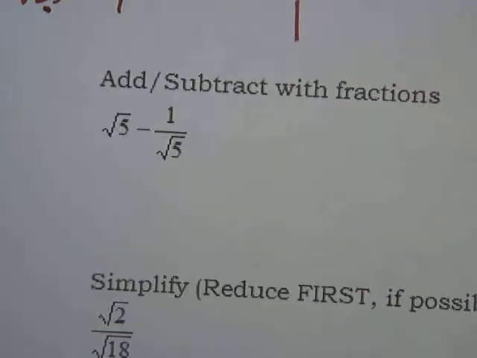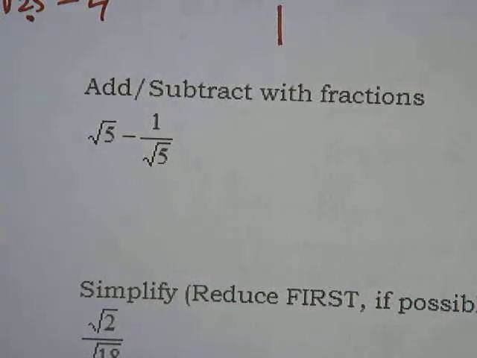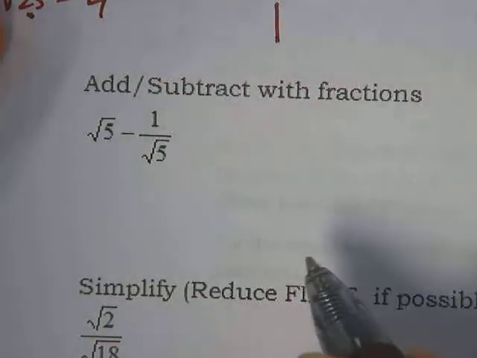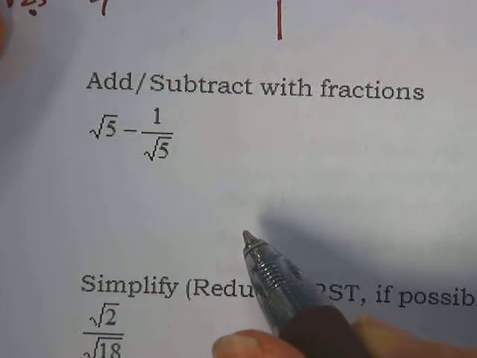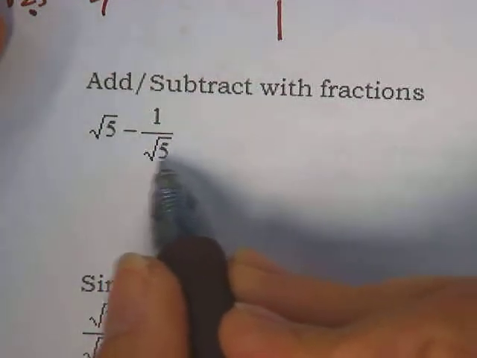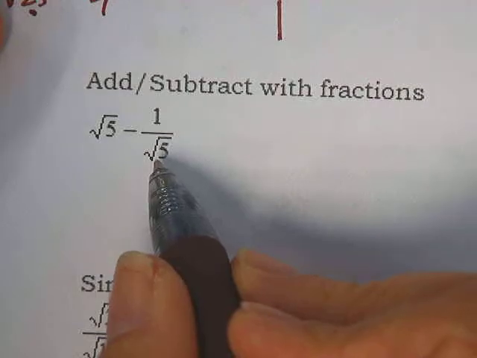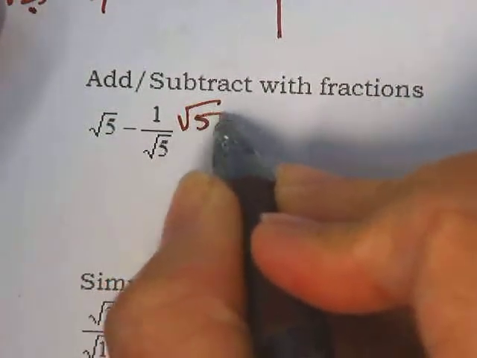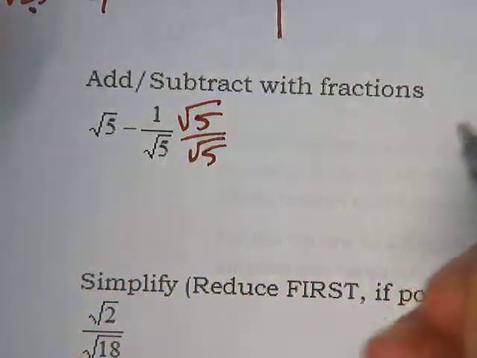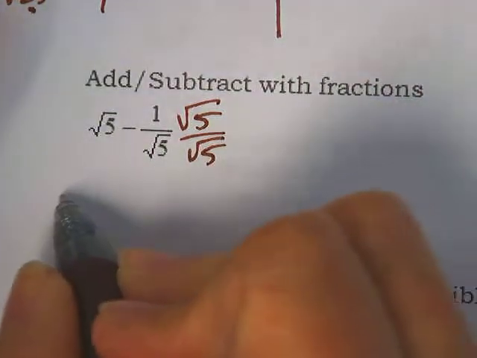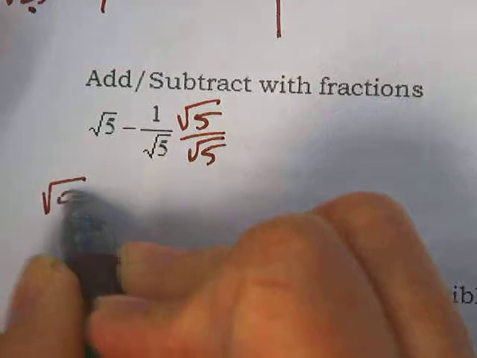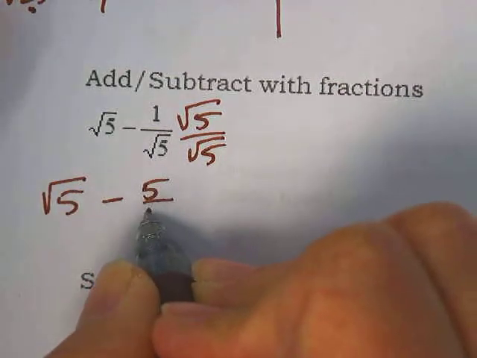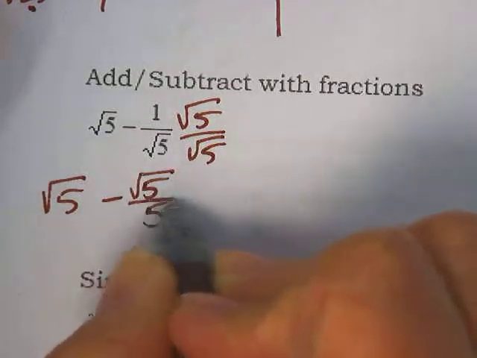Let's take a look at adding and subtracting with fractions. If we want to add and subtract with fractions, we need to get rid of that radical in the denominator. So I'd multiply this by square root of 5 over square root of 5, and we get square root of 5 minus square root of 5 over 5.